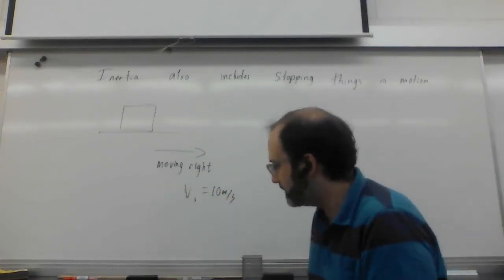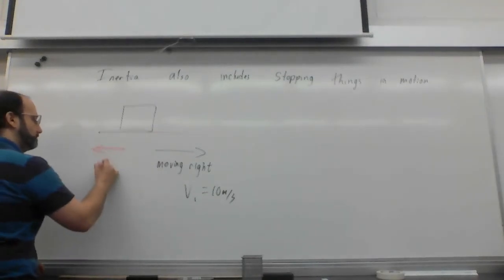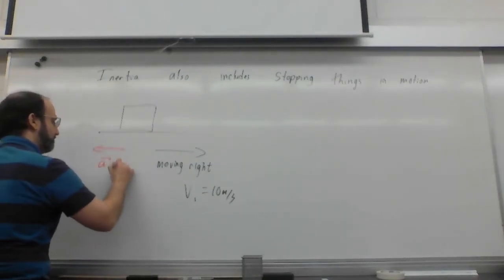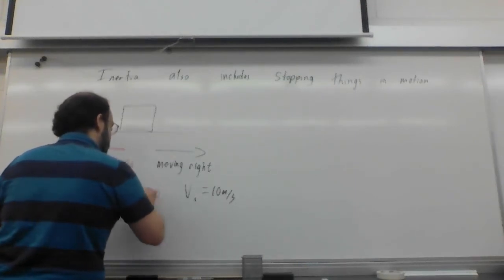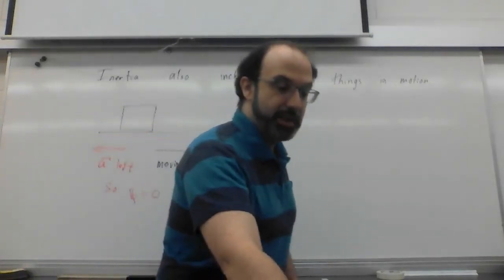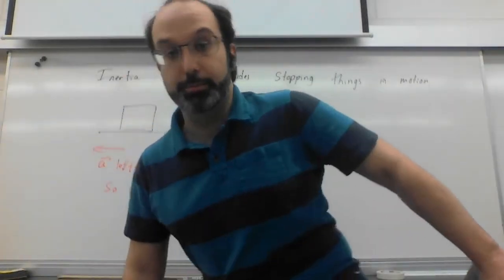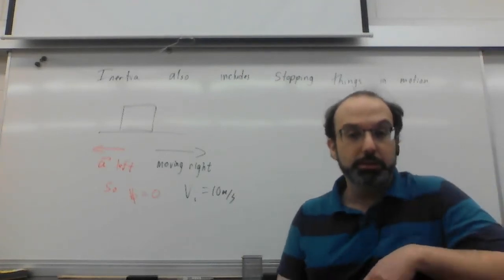So there has to be some kind of acceleration that is left. So Vf equals 0. Now, if this was a kinematics question, we'd be done there. But this isn't. This is dynamics. So what's creating that acceleration?